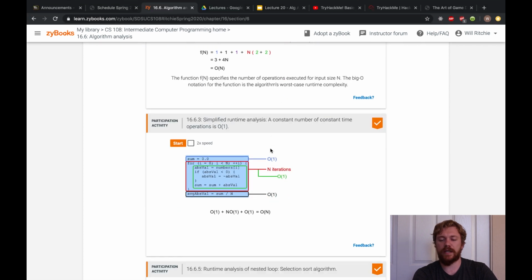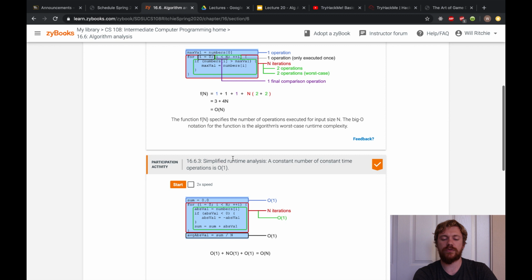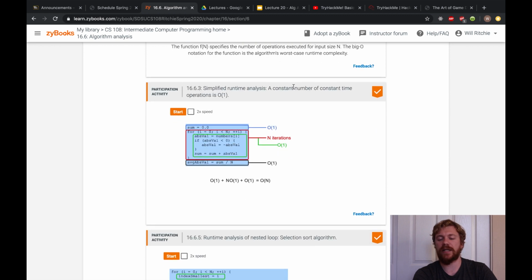And so we can do this again. So this is counting the number of operations, right? Another way to do the runtime analysis is to apply the big O of 1 constant runtime complexity to large sections of constant operations. So what does that mean?